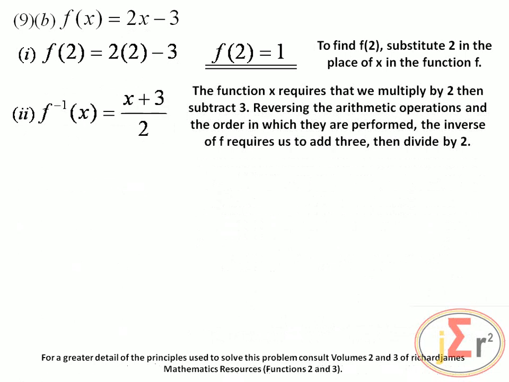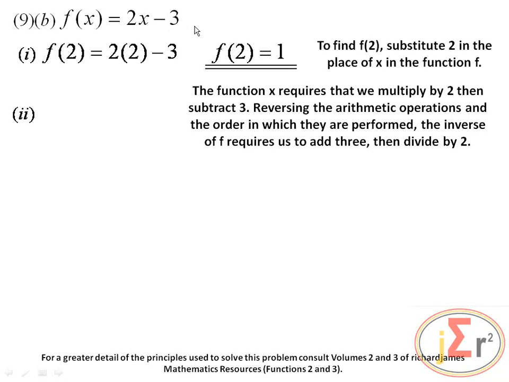We are now required to find the function f inverse of x. And of course, in finding the inverse of a function, we perform the opposite of each arithmetic operation, and we perform them in the reverse order. So in this particular case, we are multiplying by 2 and then subtracting 3.